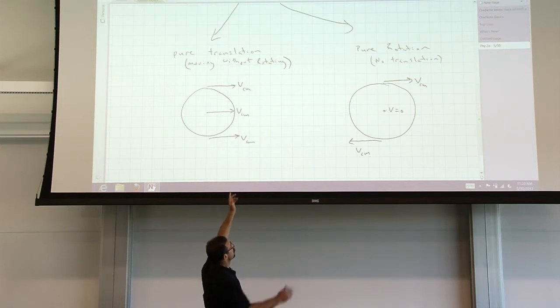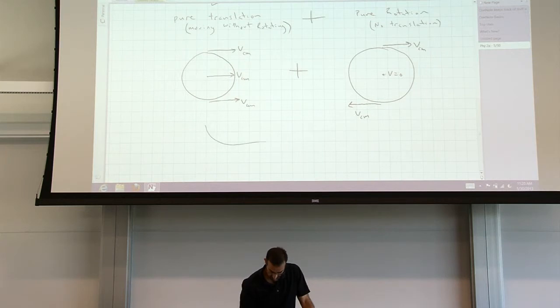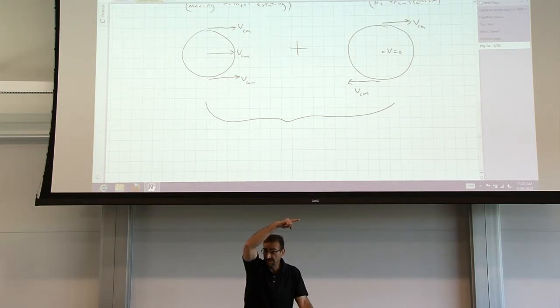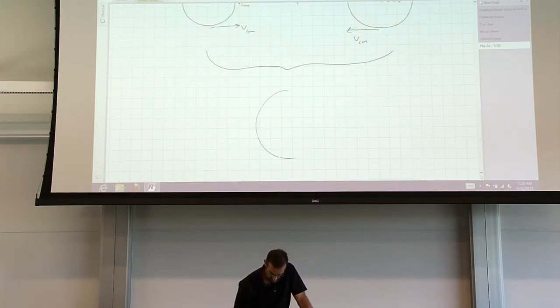Moving without spinning. If we combine these two, we add these two together, what do we get? We get the top of the wheel has a velocity of 2v to the right. The midpoint has a velocity of v to the right, and the bottom point, the axis of rotation, has a velocity of 0. We get rolling.